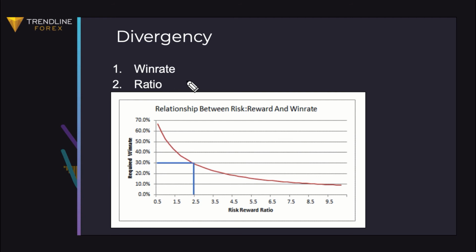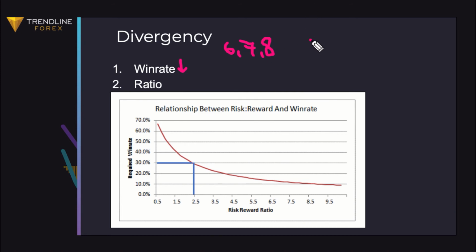When we are trading against the trend, usually our win rate is significantly lower compared to when we're trading with the trend. That means that if we have 10 trades, most probably 6, 7 or maybe even 8 trades could be losers.